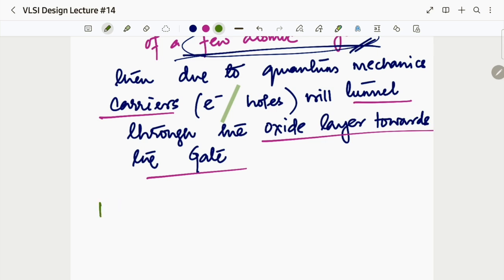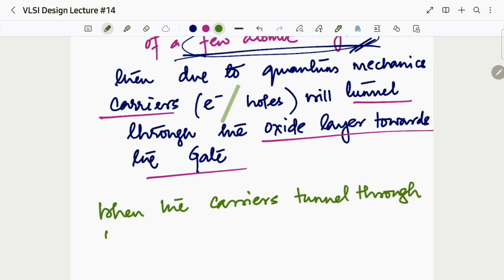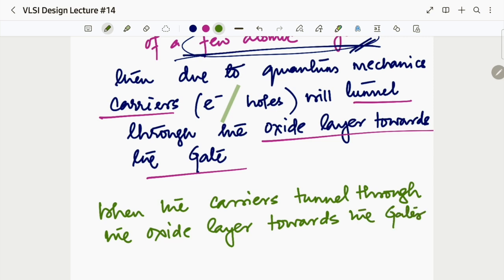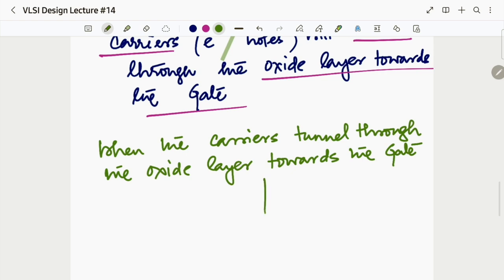When the carriers tunnel through the oxide layer towards the gate terminal, we call this, see, if electron is moving means what?